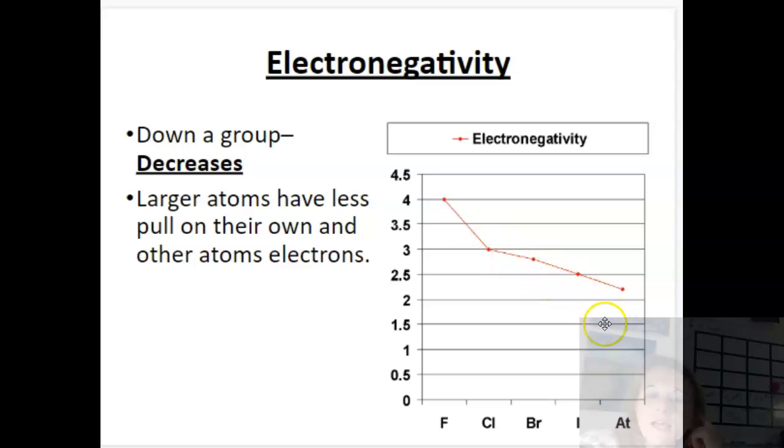But as we go down and look at iodine, iodine is at energy level 5, and so it has much greater shielding, so it's harder to see its nucleus, and the electrons from other atoms have a hard time being attracted to iodine.